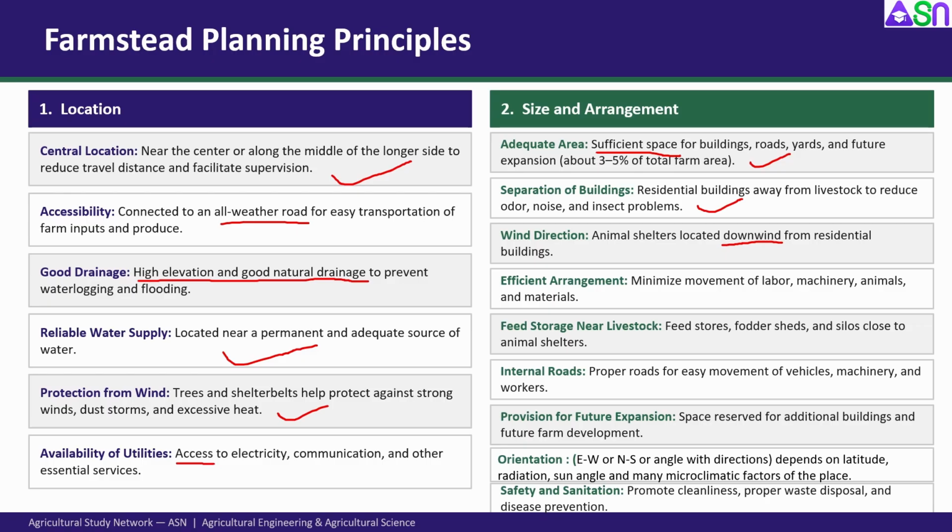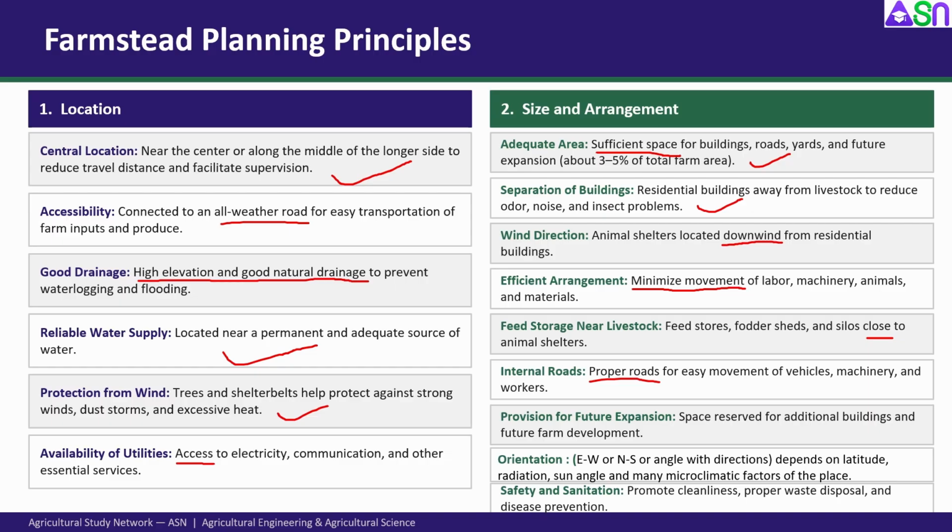The buildings in the farmstead should be arranged in such a way that minimizes the movement of labor, machinery, animals, and materials. Feed stores, fodder sheds, and silos should be located close to the animal shelters. This makes feeding more convenient and reduces the time and energy spent on moving the feed. Proper roads should be constructed within the farmstead to allow easy movement of vehicles, machinery, and workers in different climatic conditions.